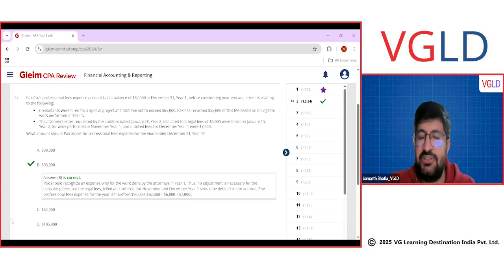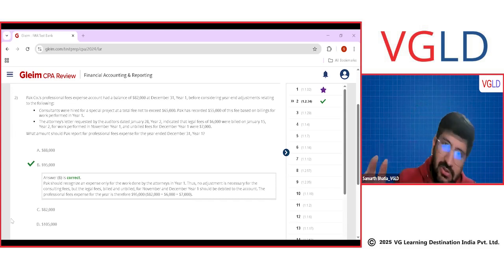According to the question, it should be 105, because we have to assume the entire $65,000 of the work should be completed and billed. Even if we have not billed it, it doesn't mean it should not be part of the expense. So I think something is missing. But according to what they have given in the answer, 95,000 is the answer.